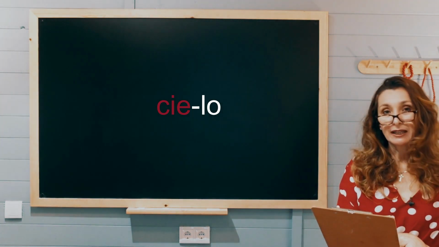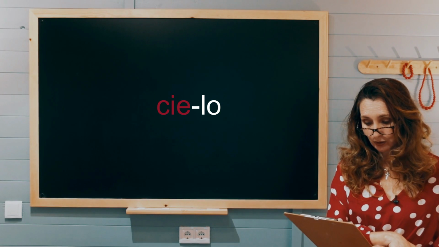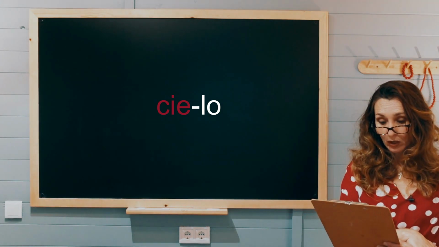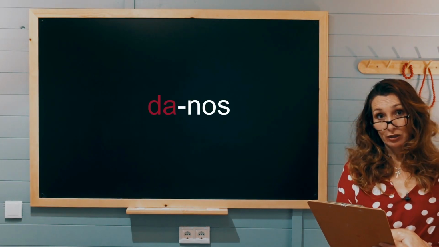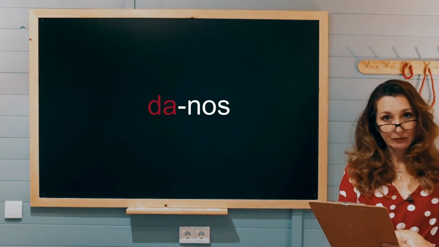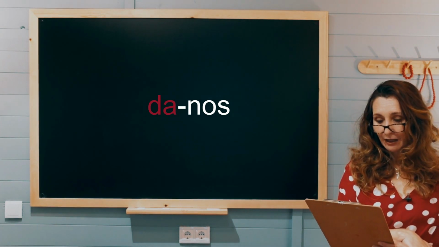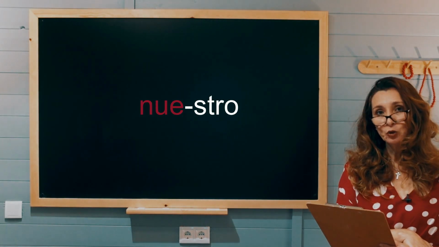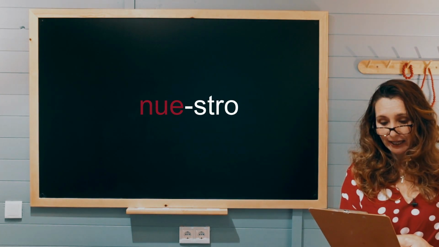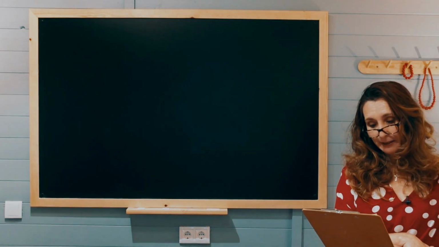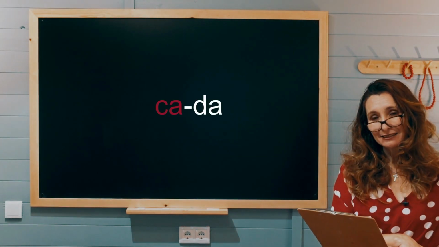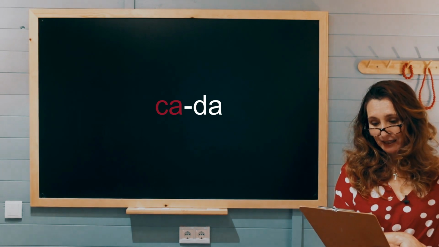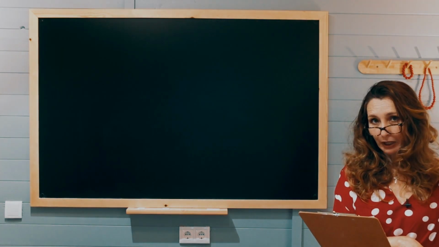Ends with a vowel and it's the penultimate syllable that's the strongest in this word. Danos, no tilde here. Hoy, nuestro, no tilde here. Pan de cada, cada. And then we have a tricky one.